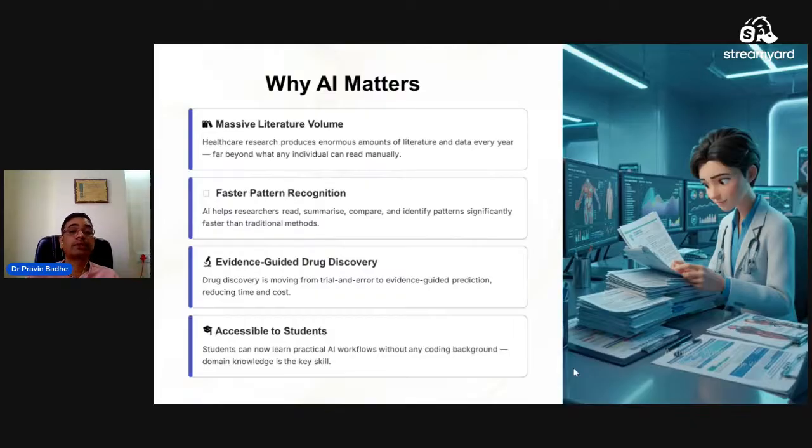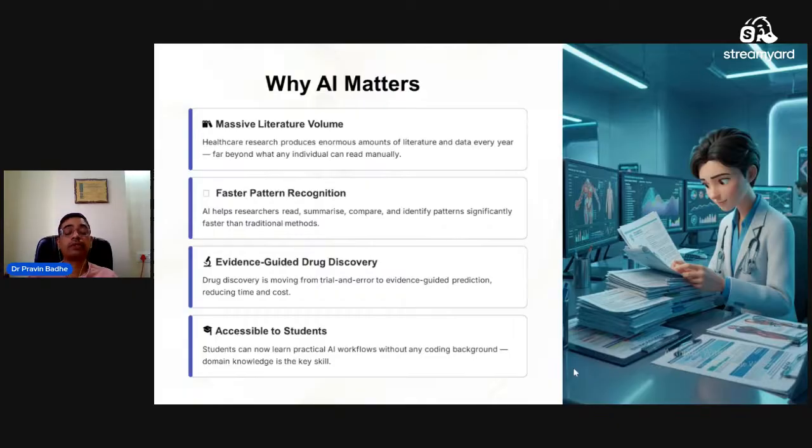And the major part of this AI is not just that, but also that it is accessible to everyone: students, faculties, and research groups. So that way you can learn practical AI workflows without needing a coding background. Domain knowledge is enough.